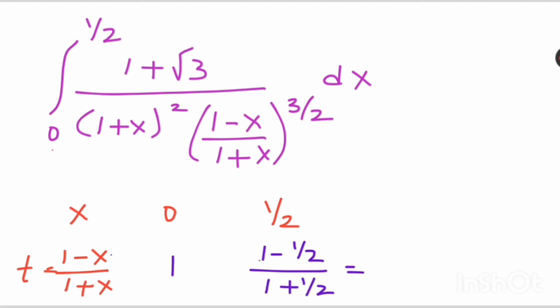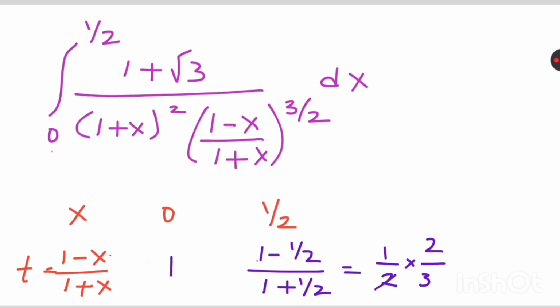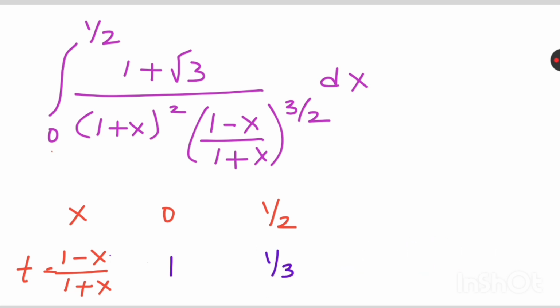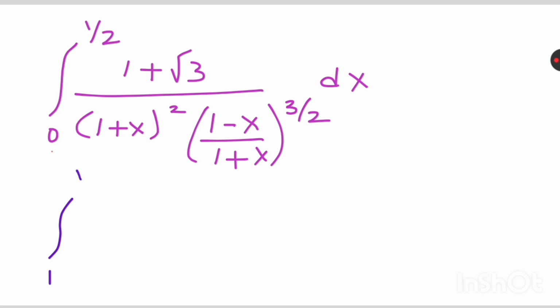So 1 minus half gives only half, divided by the denominator 1 plus half, which gives 3 over 2. This 3 over 2 we can write as 2 over 3. Here 2 gets cancelled, so we are left with only 1 over 3. So the upper limit is 1 over 3. The lower limit is 1 and the upper limit is 1 over 3.